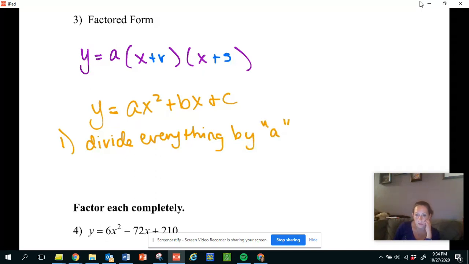And if A isn't 1, what we're going to do is we're going to pull it out. Right now, we're only dealing with ones that either have an A of 1 or have a greatest common factor of A.